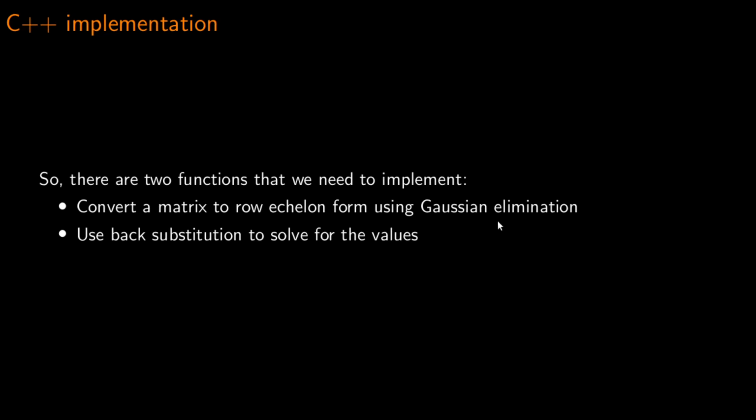And indeed, that is the whole point of creating a specific function to do this, because it requires fewer computational steps than calculating the matrix inverse, and therefore that makes the whole process a more efficient way of solving a system of linear equations compared to calculating the matrix inverse and using that. The other function that we need to write is one that performs back substitution to solve for the actual values.